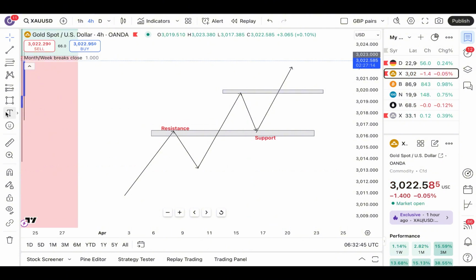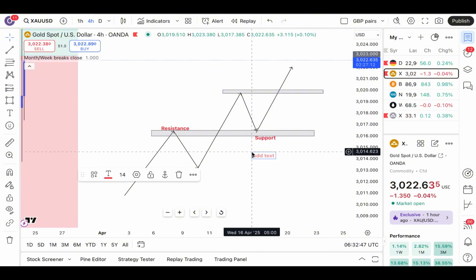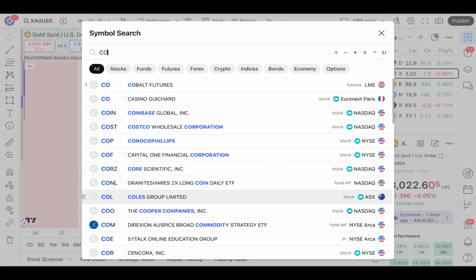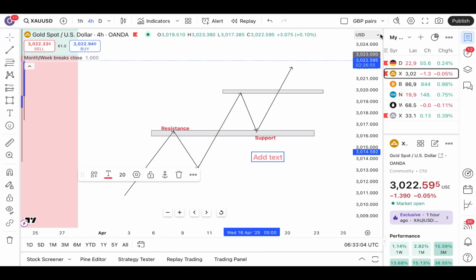So you always have to remember that break and retest on its own is just a strategy. But for you to have a profitable trading system, you have to know exactly when it is best to use certain strategies. Now, break and retest works best in a trending market.